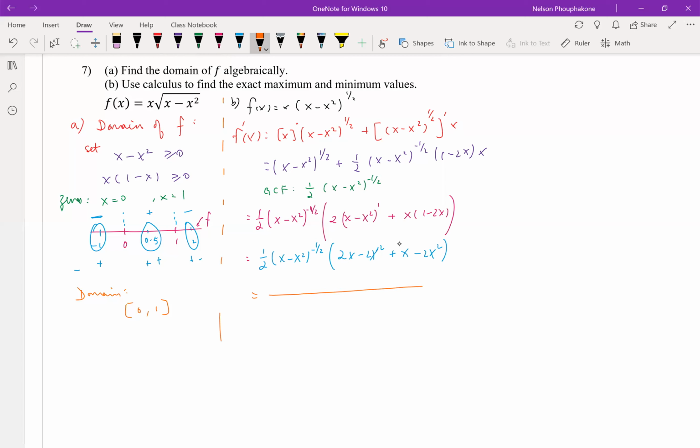So I will have 3x minus 4x squared over 2 square root of x minus x squared. Maybe let us try to factor this. I could factor the x. Now we will be able to find the critical numbers.